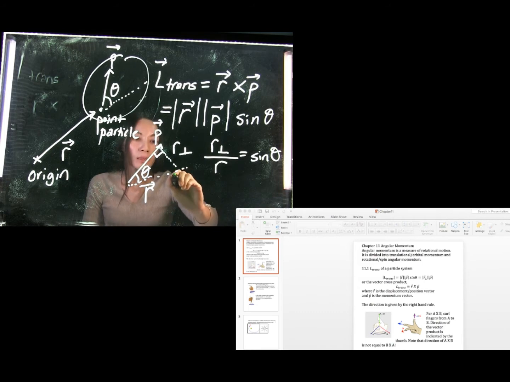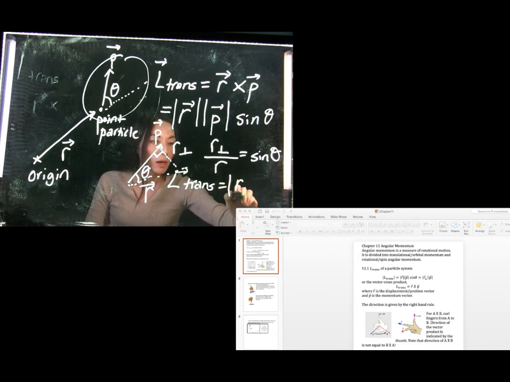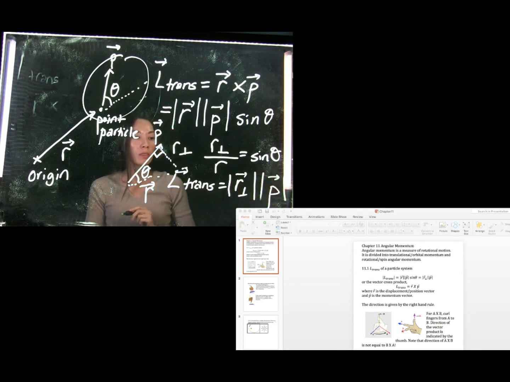So we can now redefine the translational angular momentum to be r perpendicular times p, the magnitude of r perpendicular times the magnitude of p.